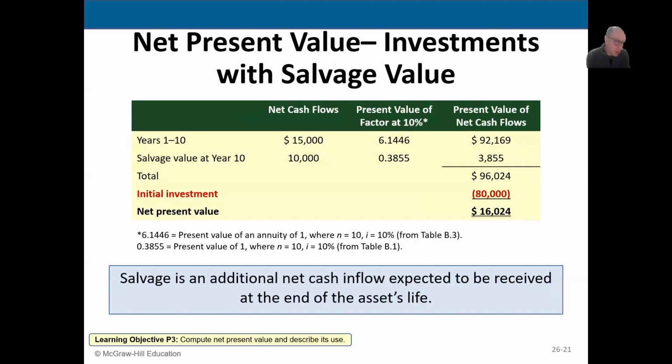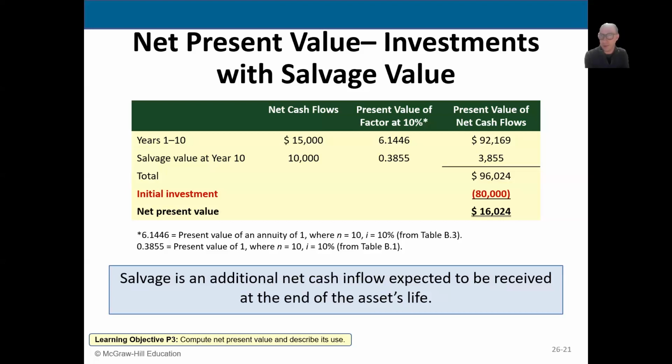So here we have another example of using net present value when there's a salvage value of the machinery involved. We take the cash flow times the present value factor at 10% and 10%.